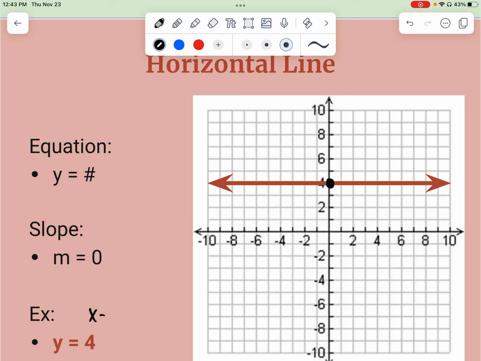There's no place to put that value of x, so y is still equal to 4. In fact, no matter what value of x I choose, I could pick x as -10, y is still positive 4. So we get this straight, flat line when we have y equals a number.